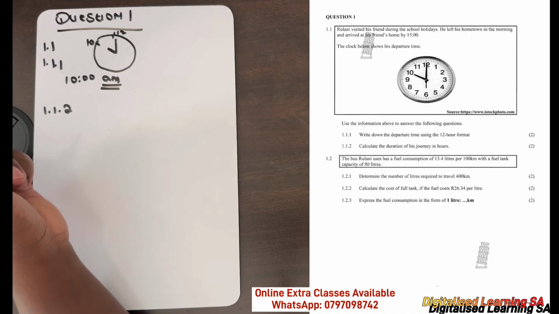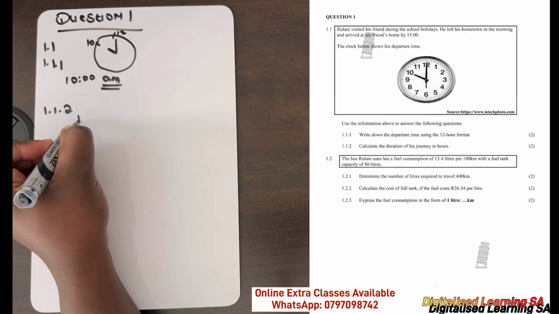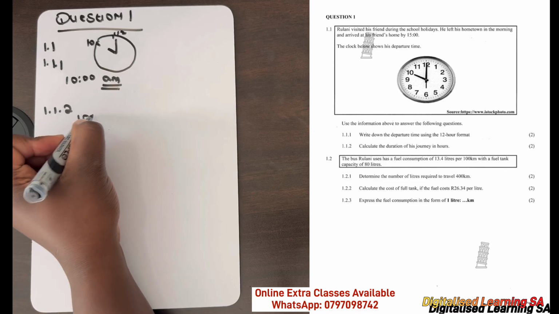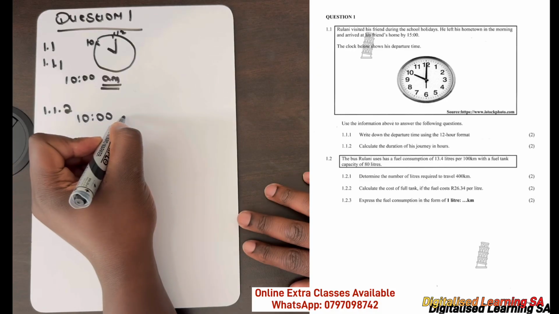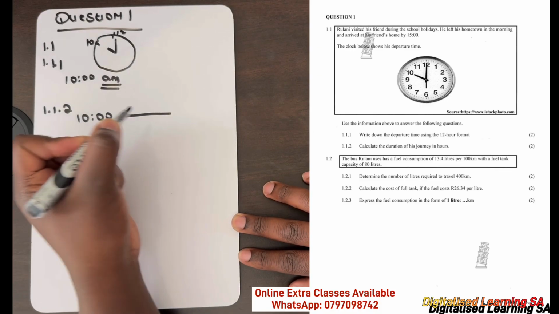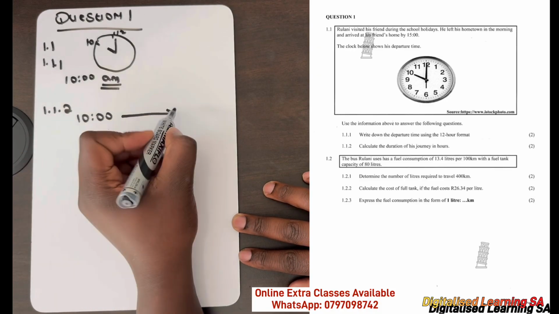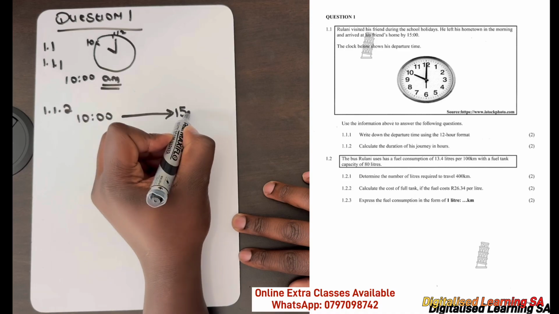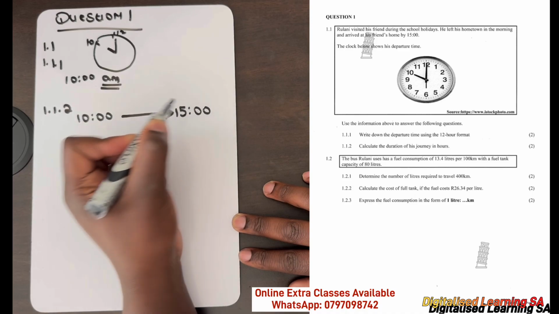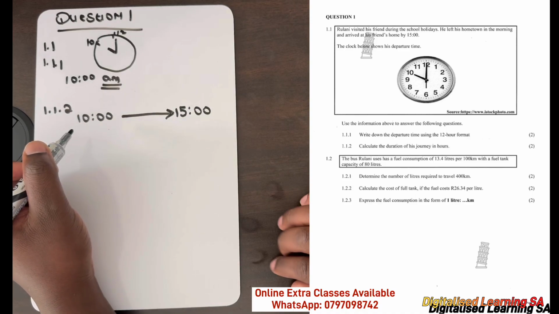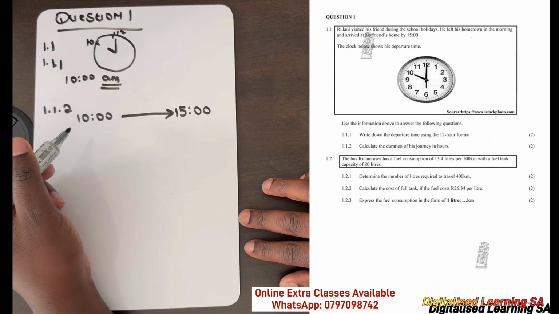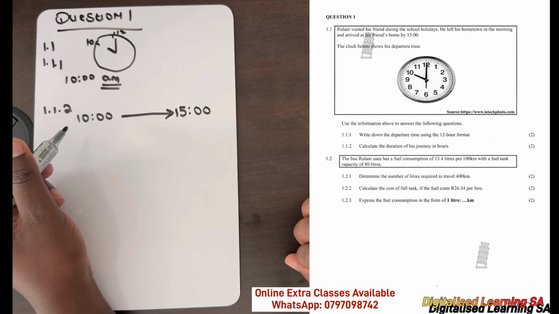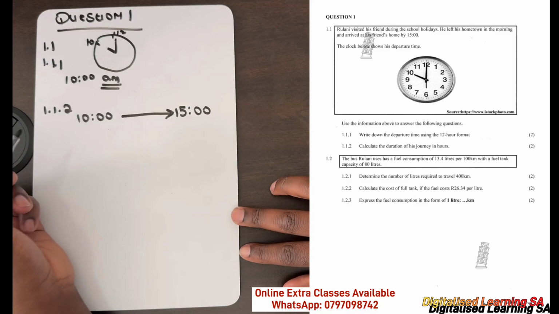So we are told that he left home at 10 and arrived at his friend's home at 3. Now we can see how many hours it took him, because the question is saying to calculate the duration of his journey in hours.